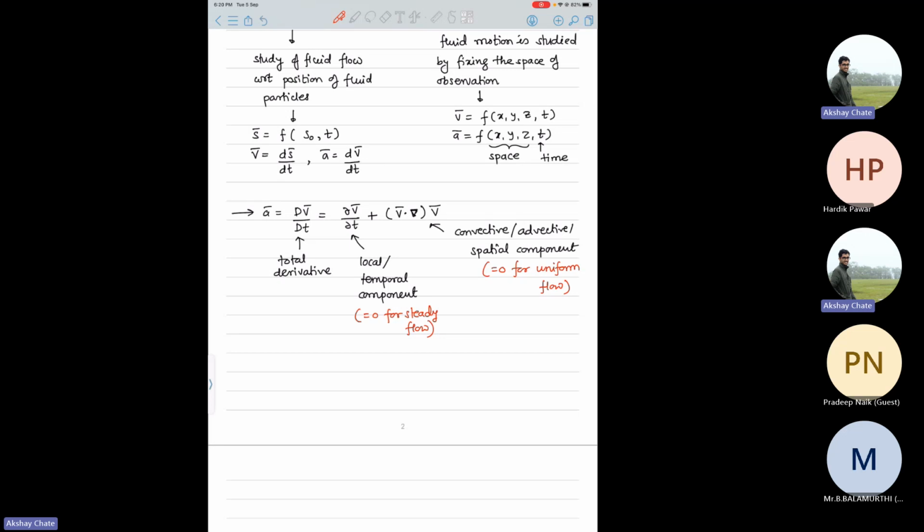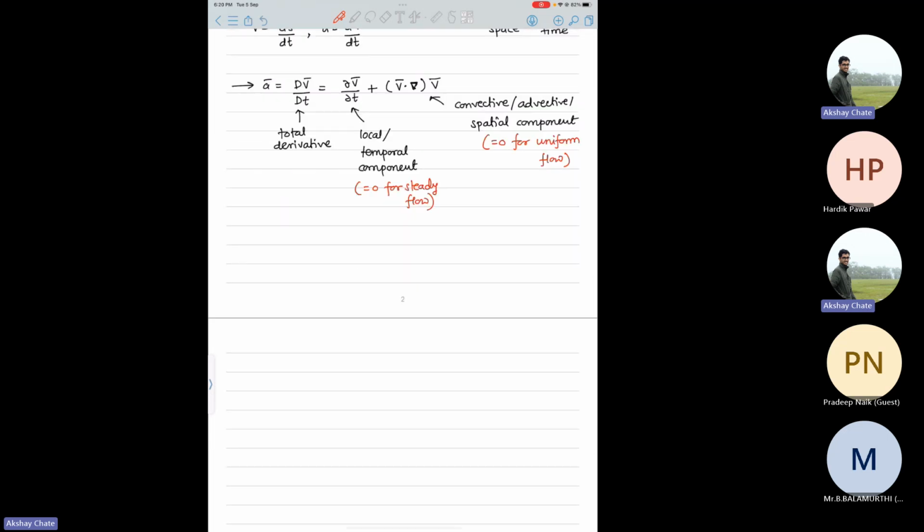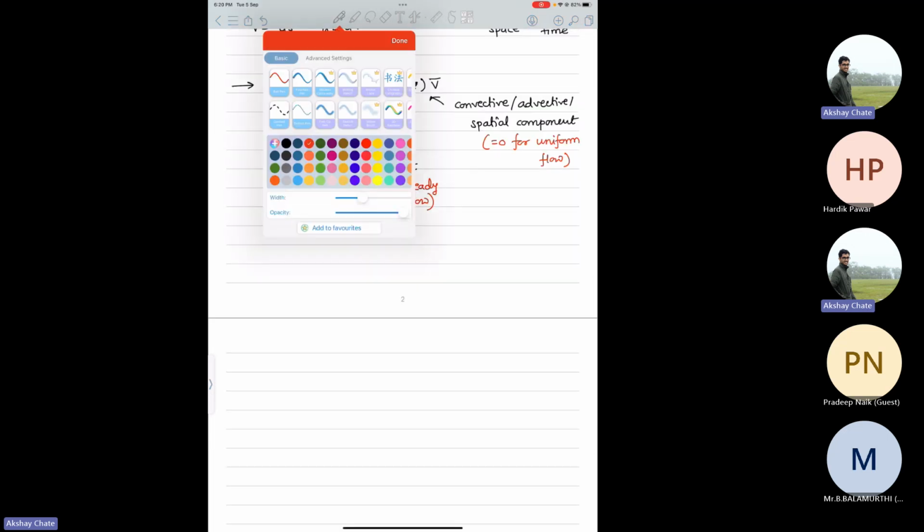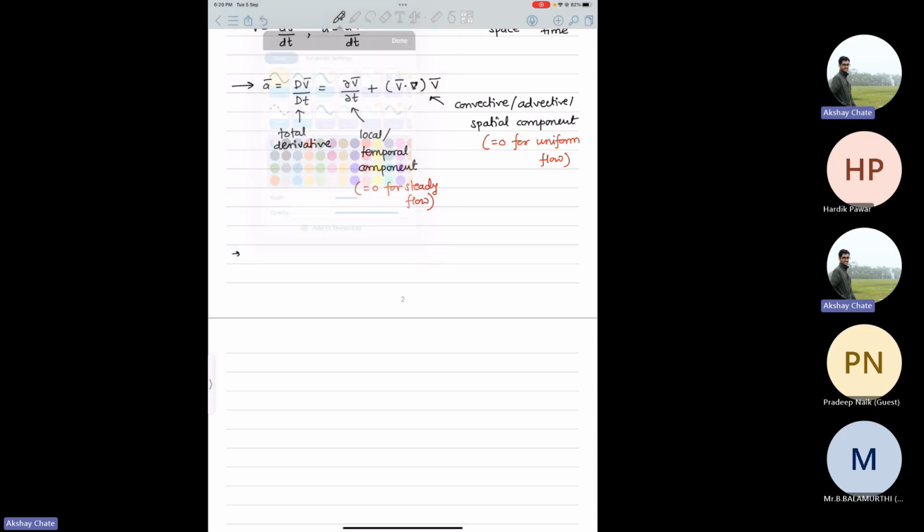So anyway, before moving on, there is one more important concept here, which is called path line, streak line, and streamline.